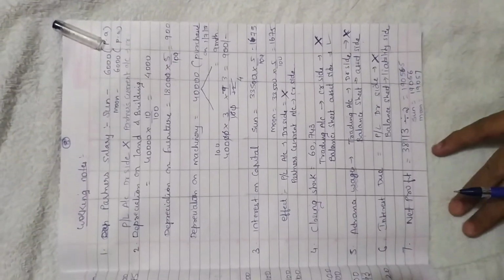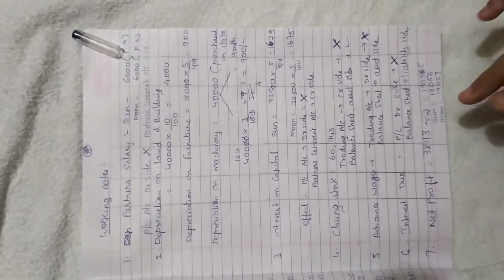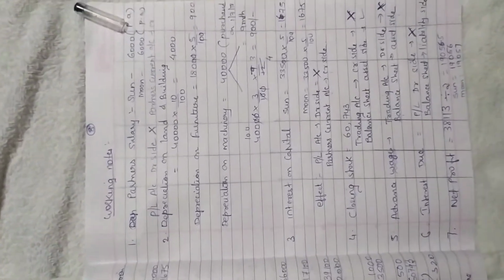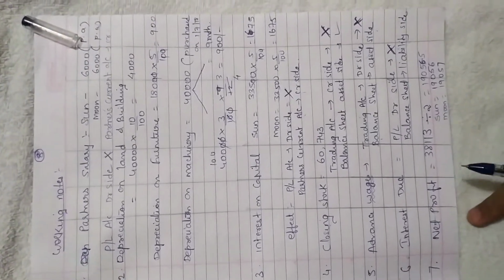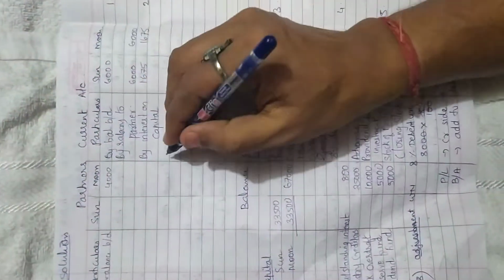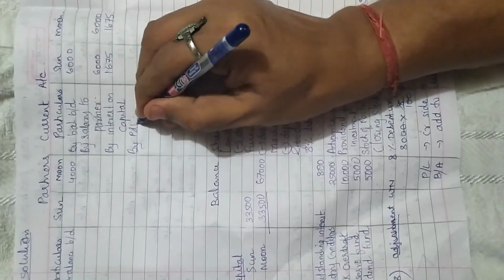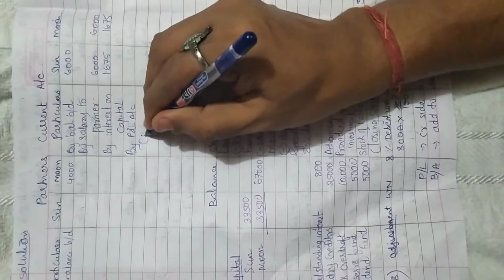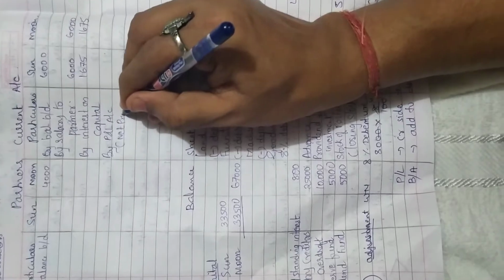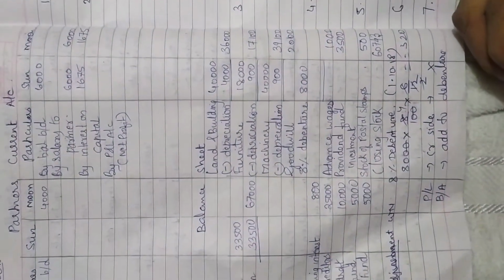So what is the second effect? This is found where? In profit and loss account debit side. From the profit and loss account debit side, it will be transferred to partners' current account credit side. So in partners' current account credit side, we write here by profit and loss account, in bracket net profit.